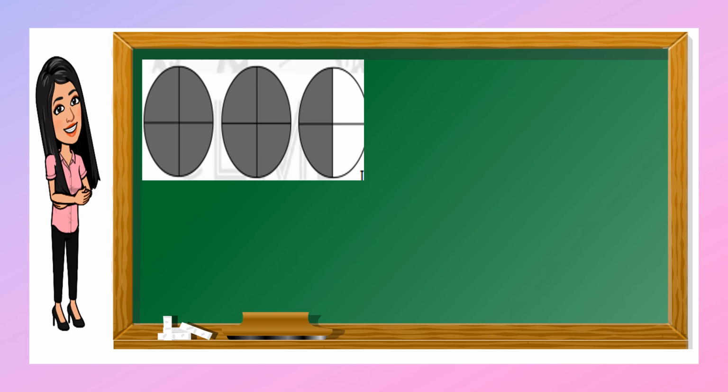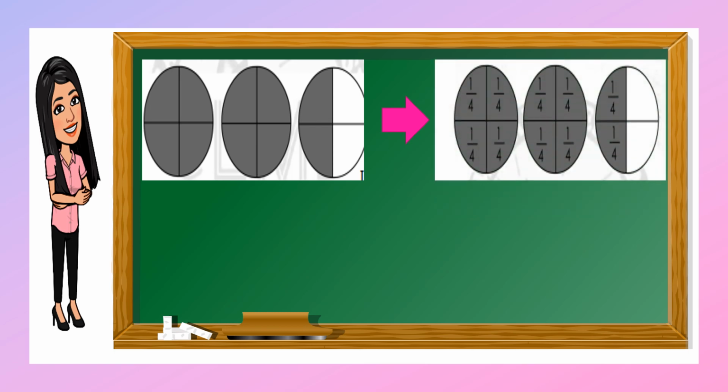So all the figures are divided into 4 equal parts. Okay, so this is 1/4, no? Each shaded figure is 1/4 because it is divided into 4 equal parts, or hinati sa 4 na bahagi. Kaya ang bawat isang bahagi ay tinatawag na 1/4.